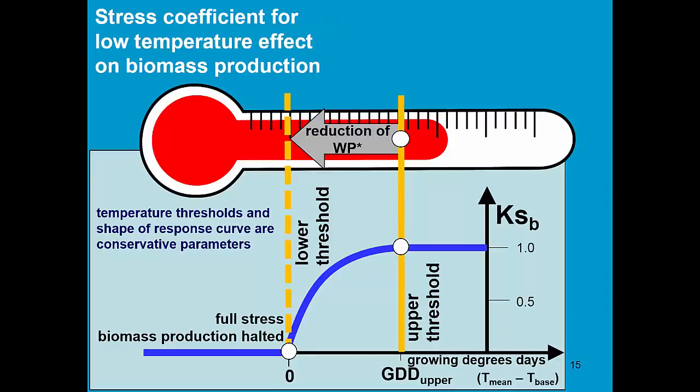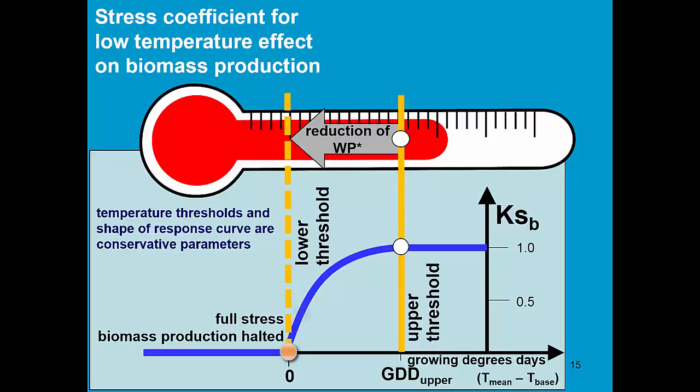This slide shows you the stress coefficient for low temperature in function of the indicator, and the indicator are growing degree days. When we have 0 growing degree days, it means that the base temperature is equal to the mean temperature of the day. Then there is no biomass production.